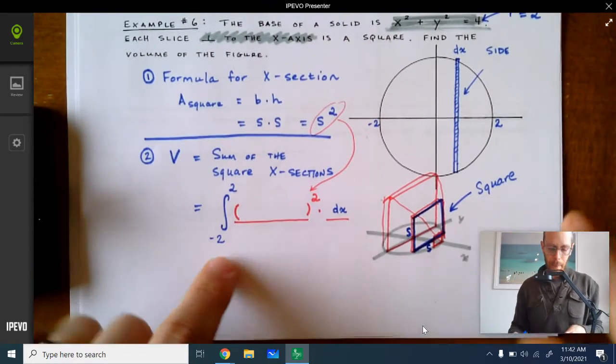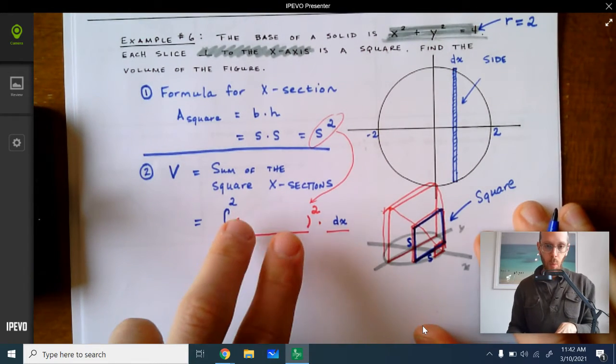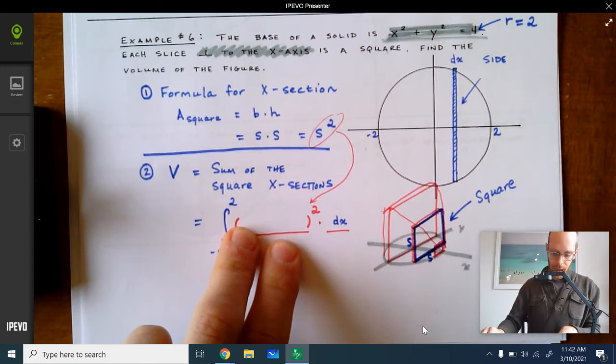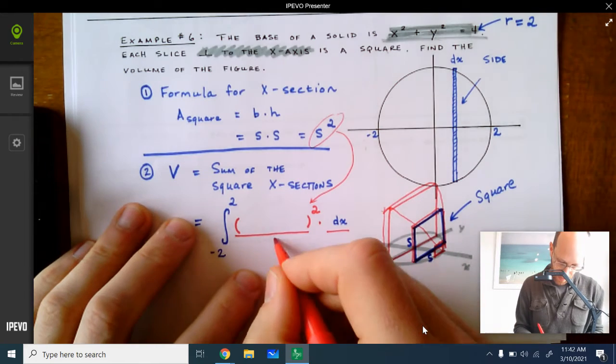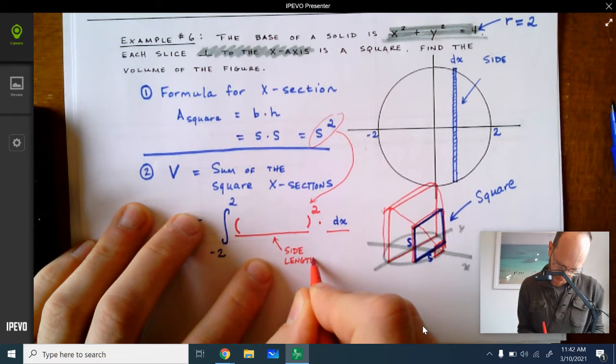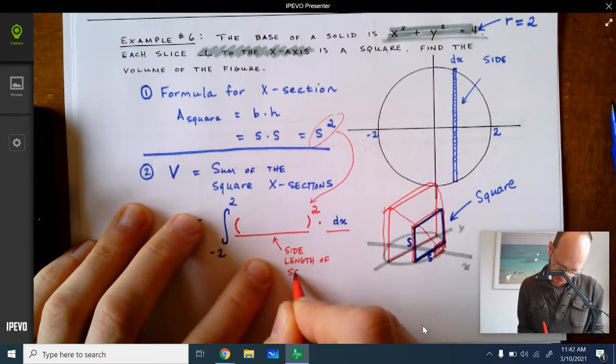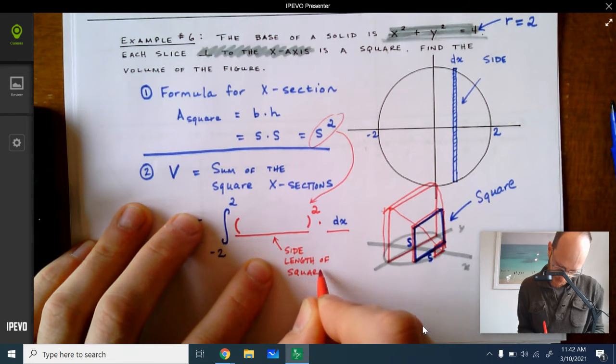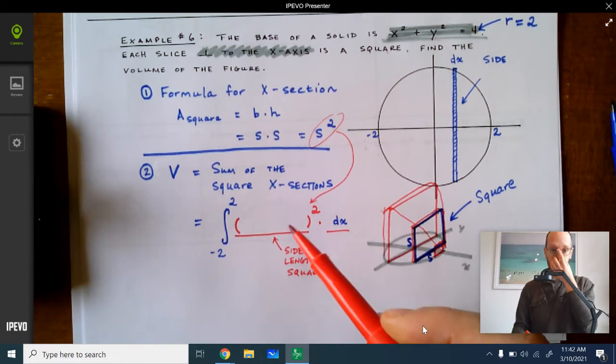And then if we want to find what goes in here, this is the side length of the square. Why is it the side length of the square?